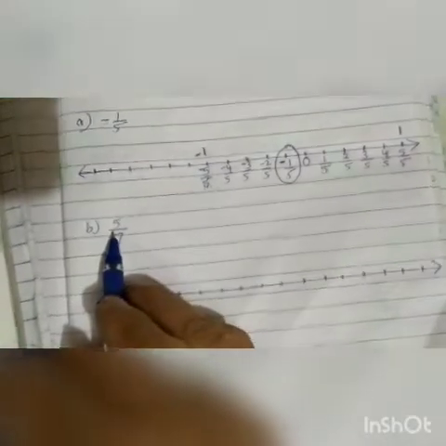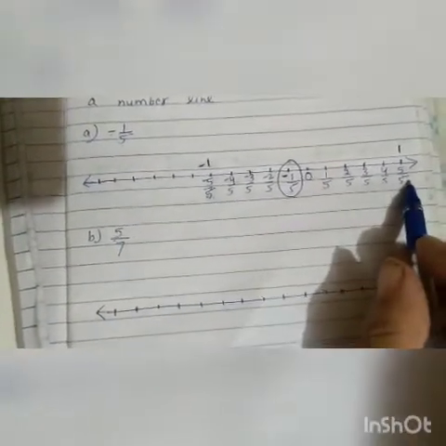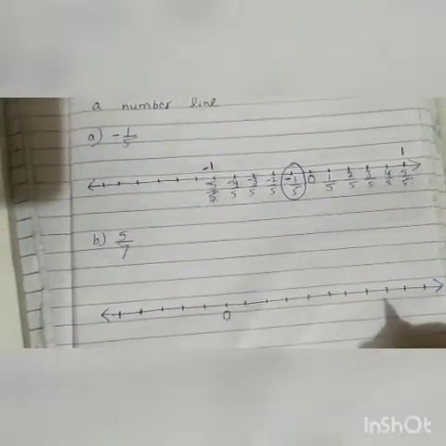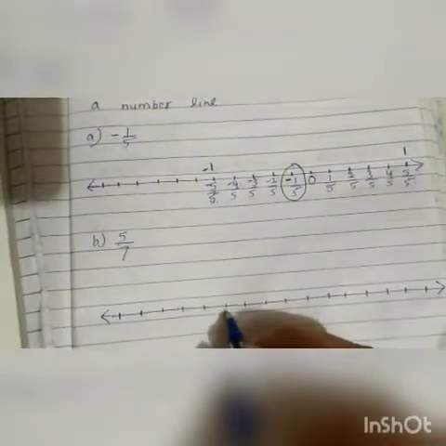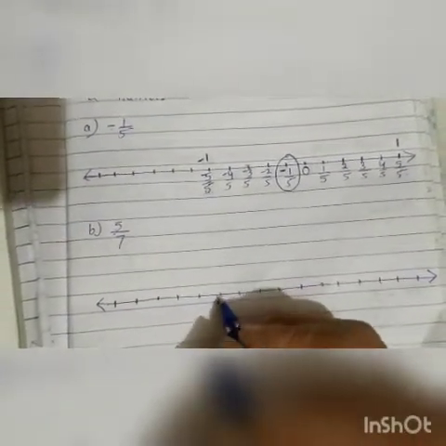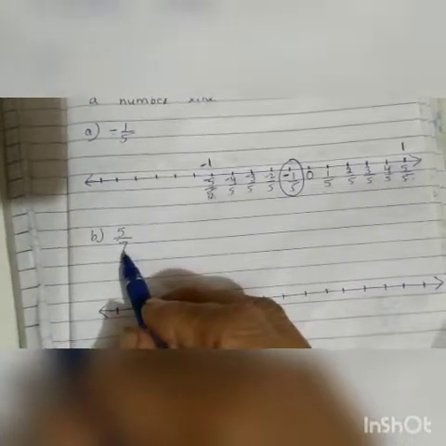This is a positive rational number, so it will lie to the right side of 0. Suppose I am writing 0 here. Okay, now count 7 parts. It is the same method. It is 5 upon 7.